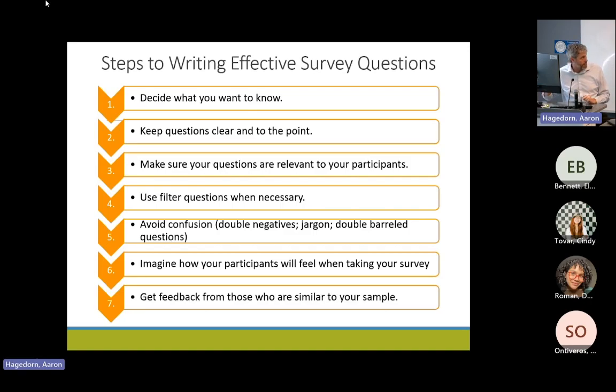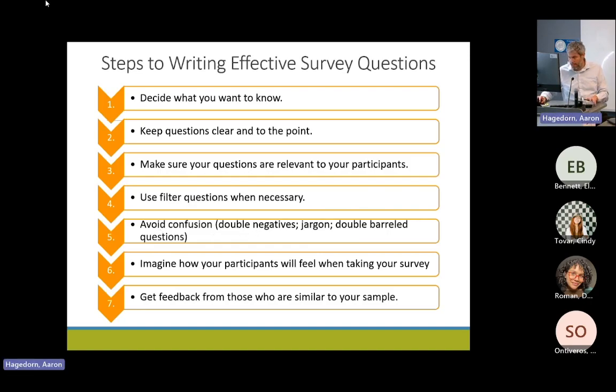So you really got to know that population and the level of language and the topics that they understand. Typically we use filters, so if it's a topic that only applies to women, for example, a question about menopause, that's a filter where you ask them their gender first and then ask the question related to the gender after that.